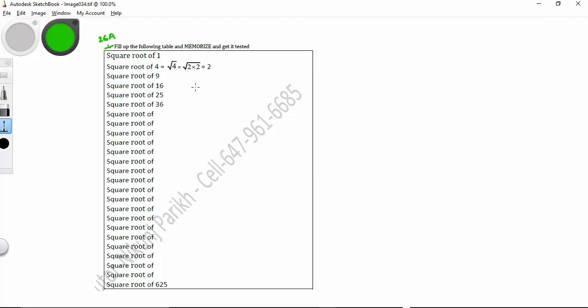Now, in this exercise, first we are going to learn a special sign, that is this sign. The sign given here, right? This sign is called the radical sign.